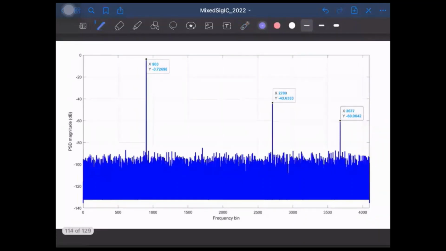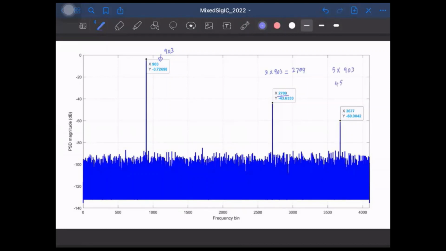So here I've taken the input bin to be 903, right? So what is the third harmonic? That is 3 times 903. That is 2709, and that's what we get, right? And the fifth harmonic is what? Ideally, it should have been at 5 times 903.